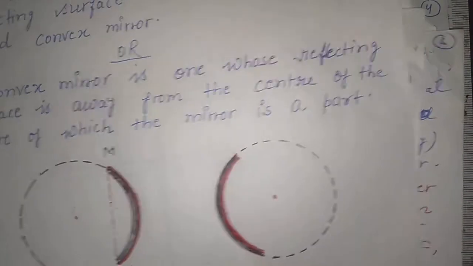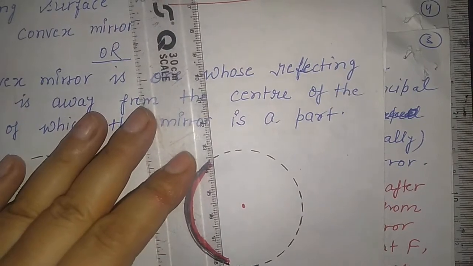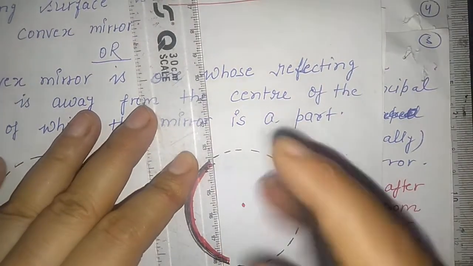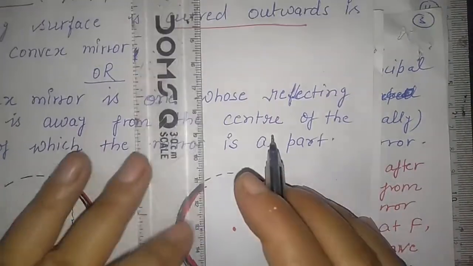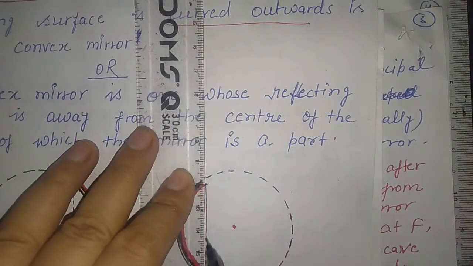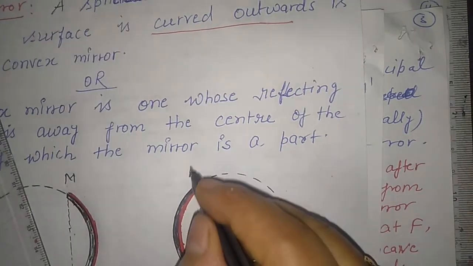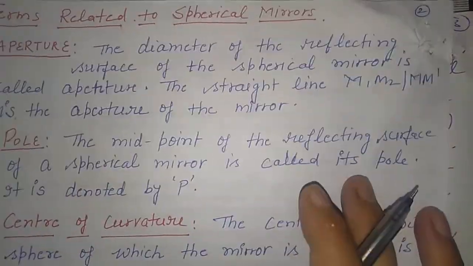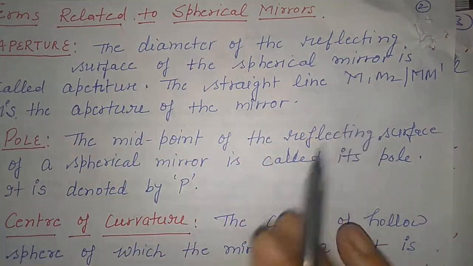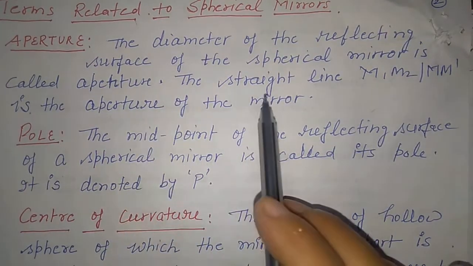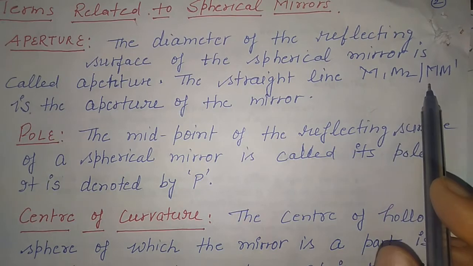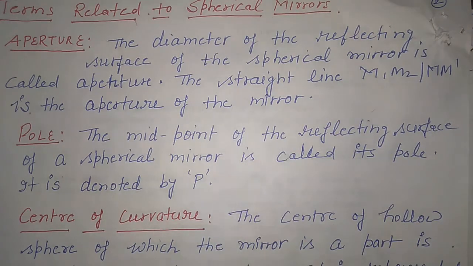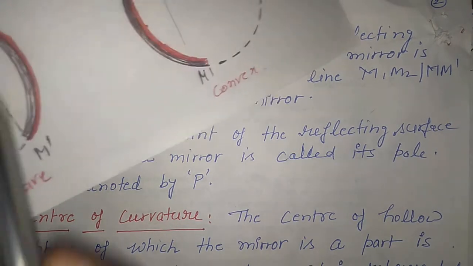This is the aperture of the reflecting surface. The diameter of the reflecting surface of the spherical mirror is called aperture. So the straight line m1 m2, or m m dash, is the aperture of the mirror.